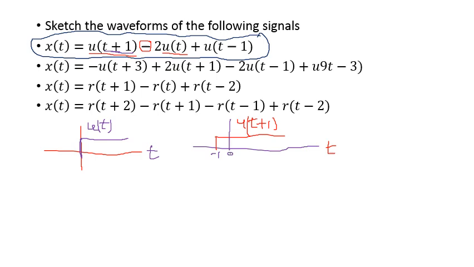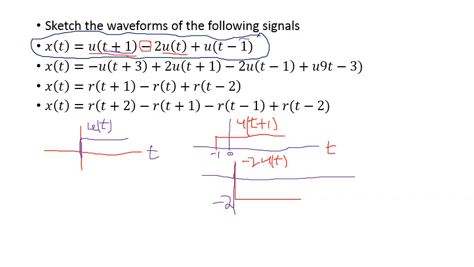Let's plot another waveform here. This is the 0 point, and to plot -2 u of t, it will be something like this, so this is -2.